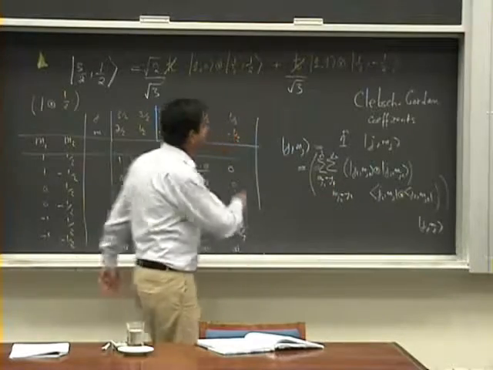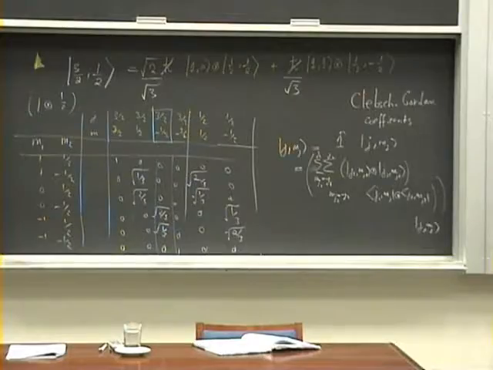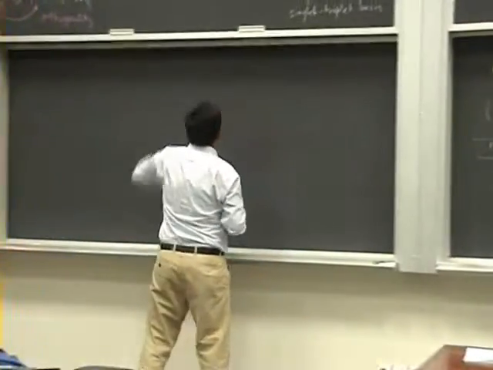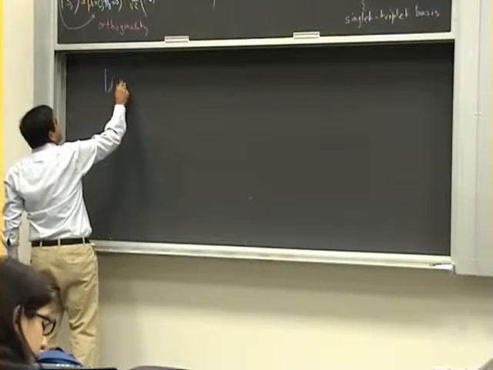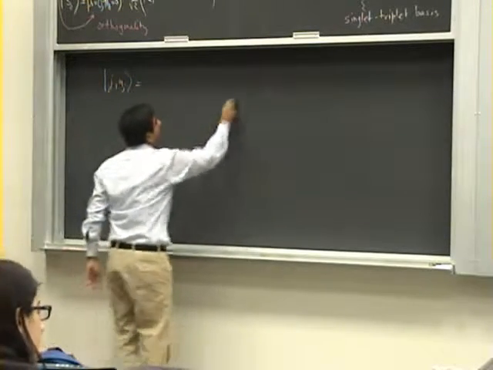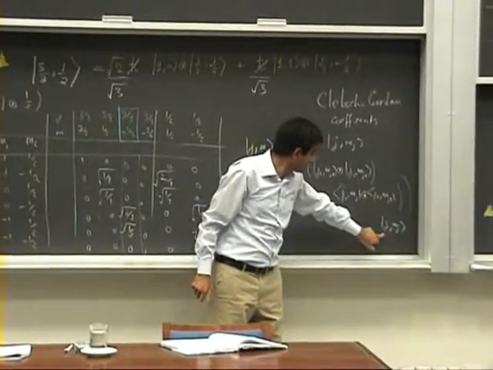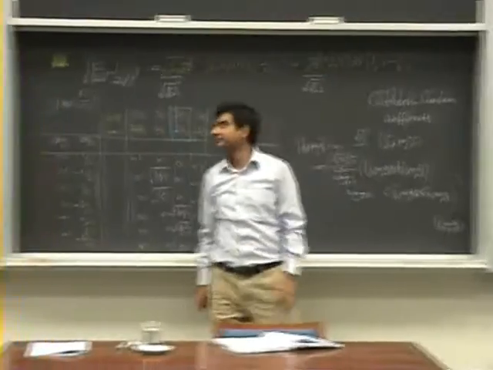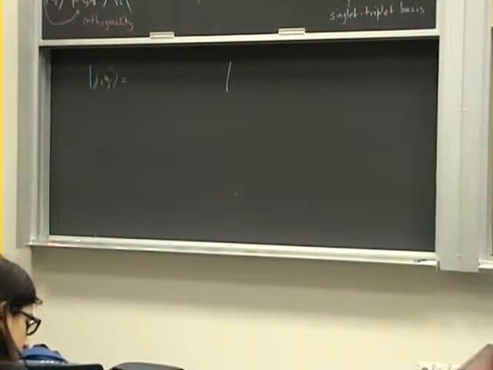So I can write this expression in the following fashion now. J mJ is basically equal to, I can find the inner product of this ket with this bra, and I can write this ket on its own.